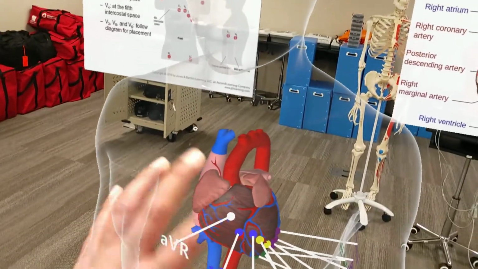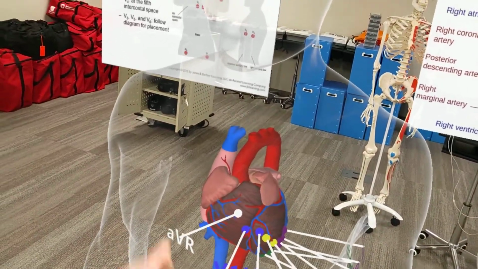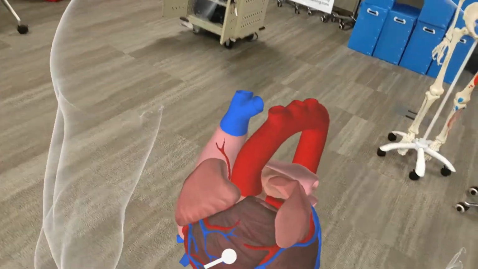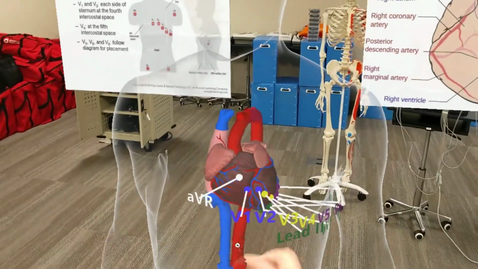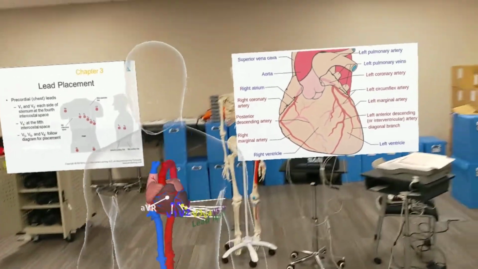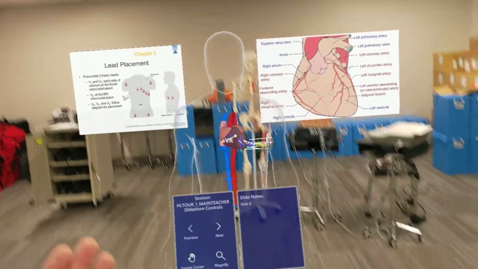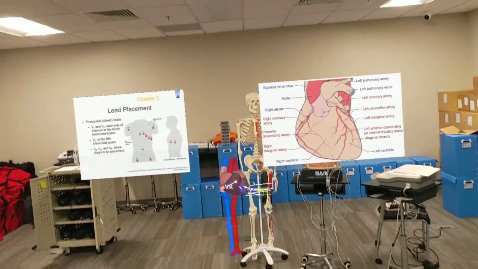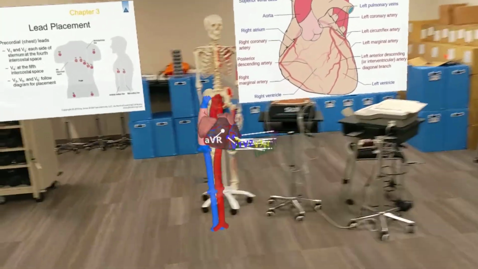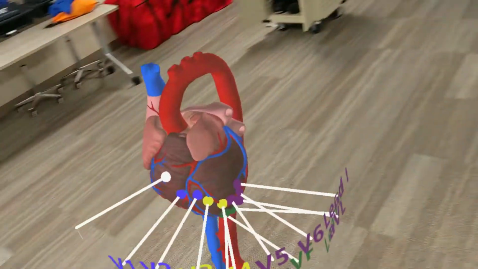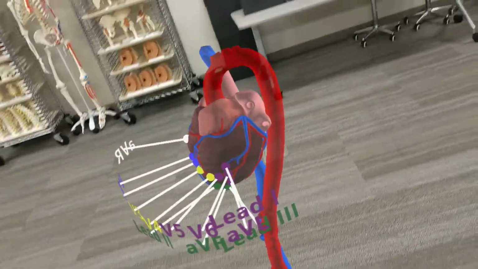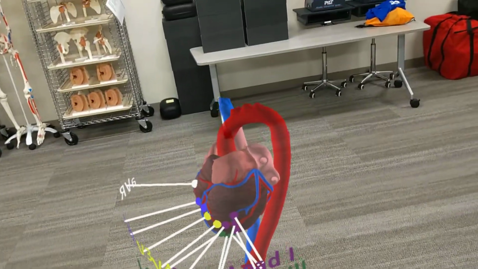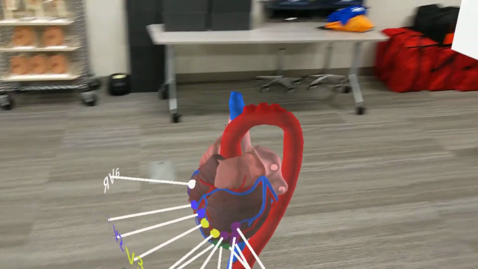In some cases, the right coronary artery, which branches off right there, will actually supply the inferior aspect of the left ventricle. And so, kind of taking more away, you can really appreciate how the leads view the heart and how it sits.